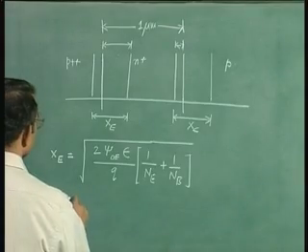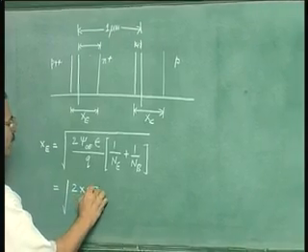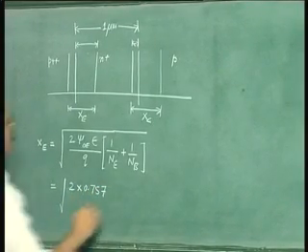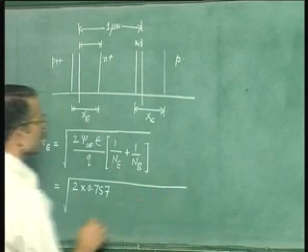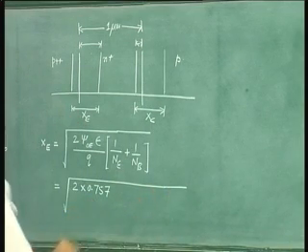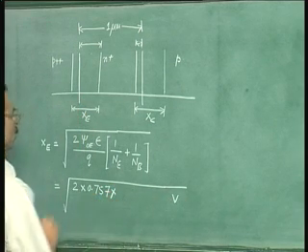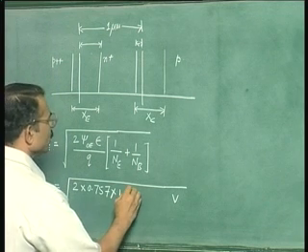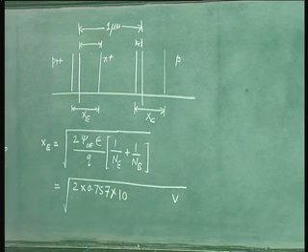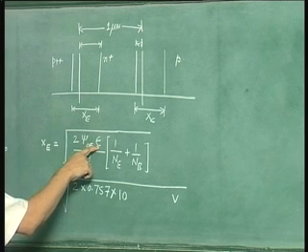So therefore XE we can evaluate as 2 into 0.757. As we have said, we must always include the units also in the calculation. So this is volts, into epsilon, which is 12 for silicon dielectric constant multiplied by 8.854 into 10 power minus 14 farad per centimeter.